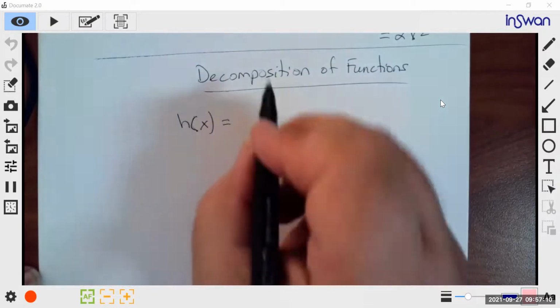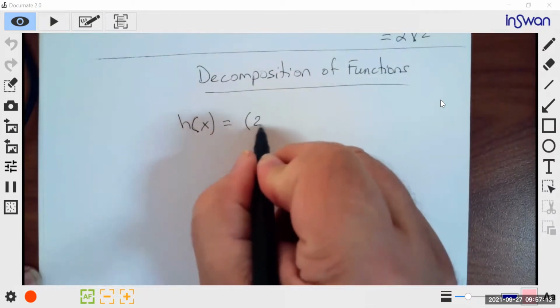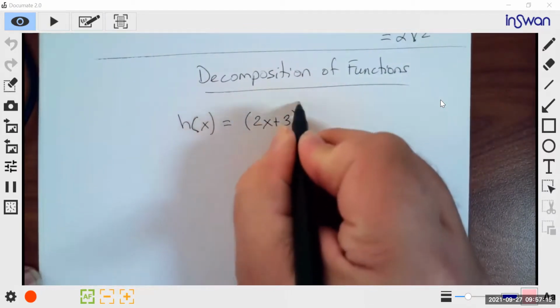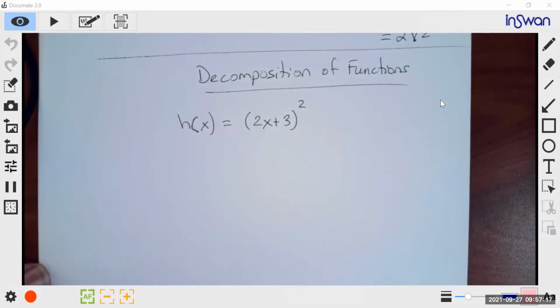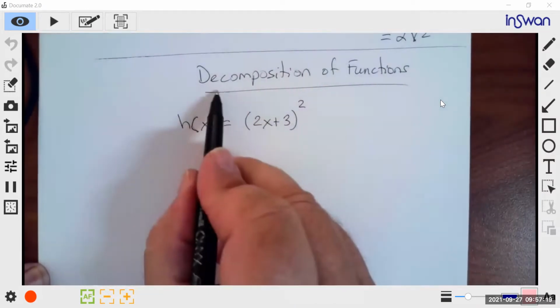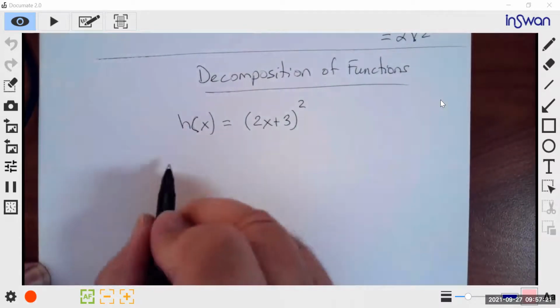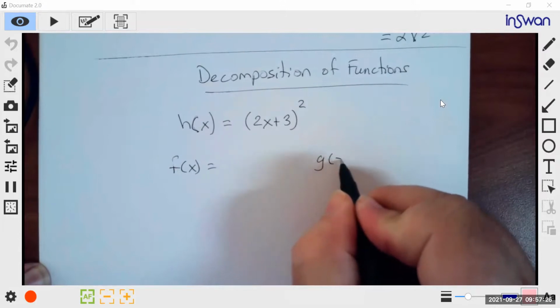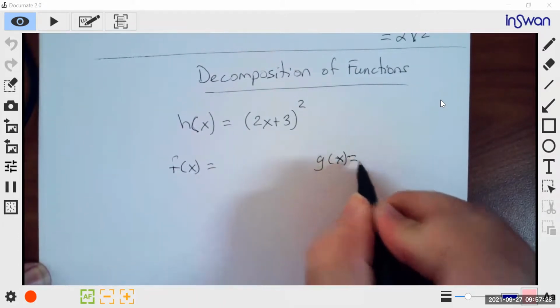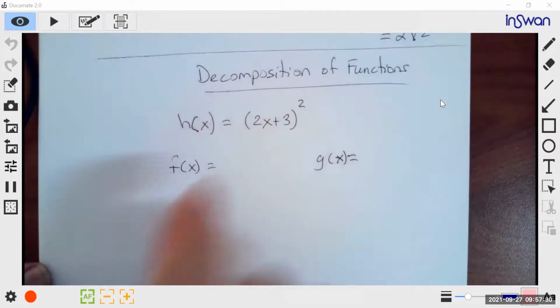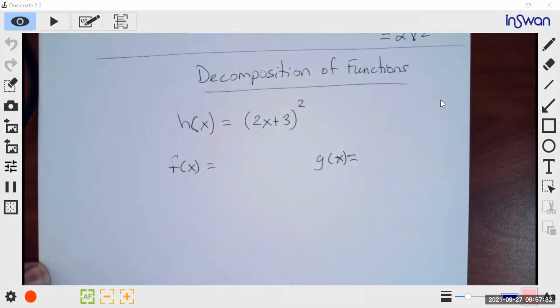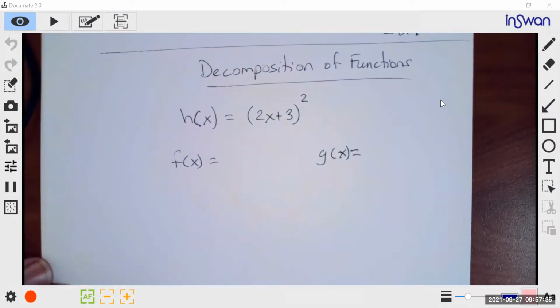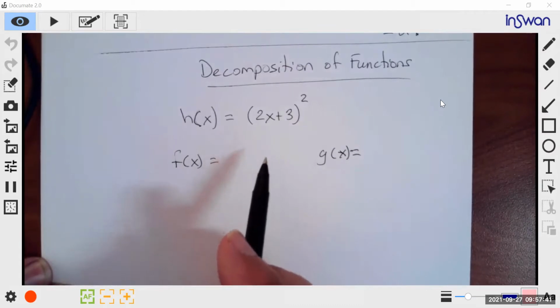Let's say h of x is equal to (2x plus 3) squared. The decomposition is we have to try to find 2 functions that make that what it is. So can you guess which 2 functions put together make that up?